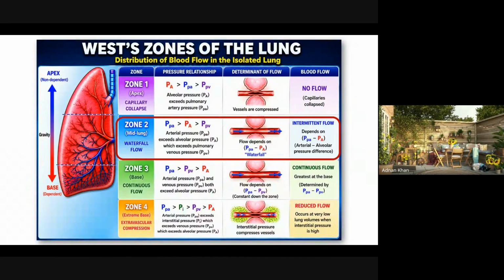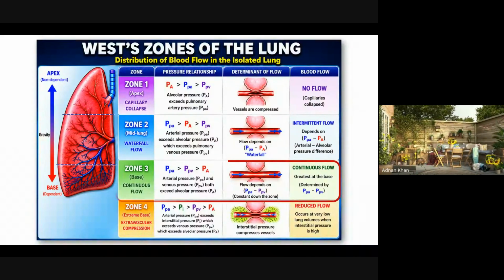In zone 2, as you see, the arterial pressure exceeds the alveolar pressure, which exceeds pulmonary venous pressure. So here in the mid lung, there is intermittent flow, or waterfall flow. Now zone 3 has continuous or maximal perfusion because both arterial and venous pressure exceed the alveolar pressure.